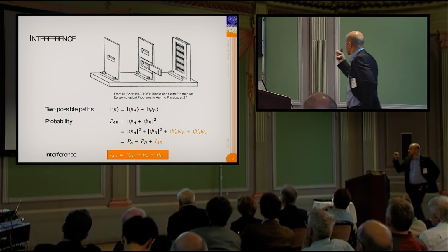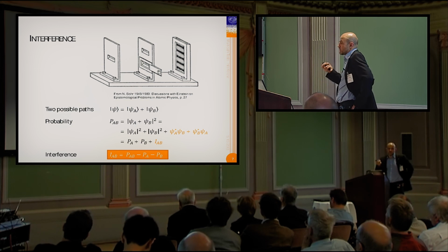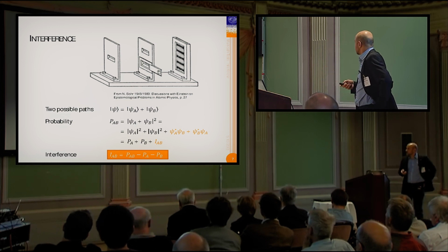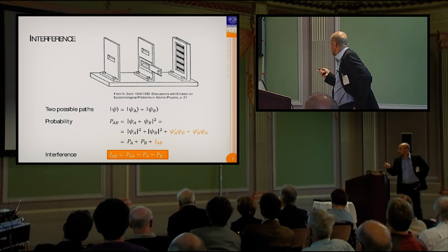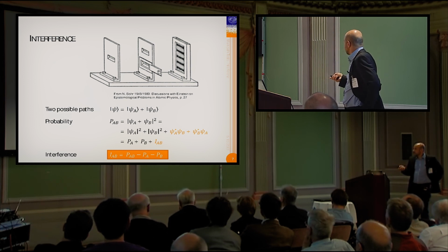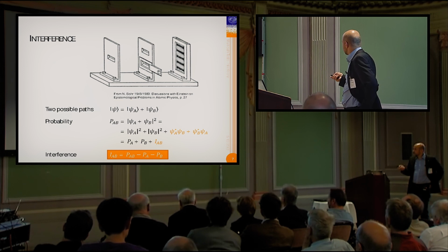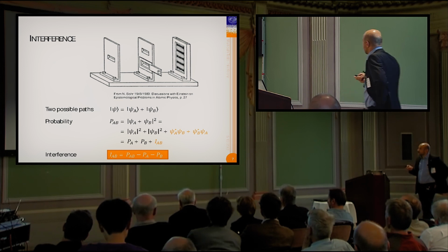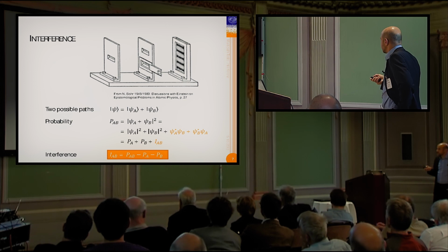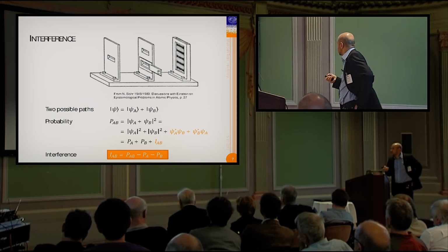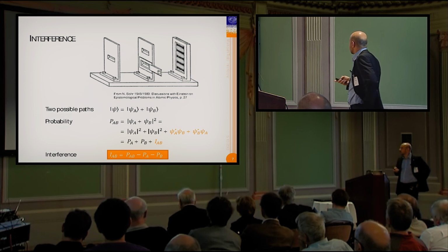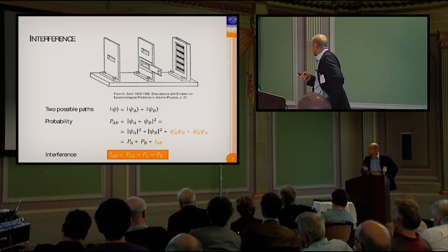I open the other one, I get another number, and then if I open both, I should see the sum, but of course I don't. If I do this, for example, with photons or with electrons, then I find that if I subtract these probabilities from the probability when both are open, I can call this my interference term, I_AB. And so nothing new here.